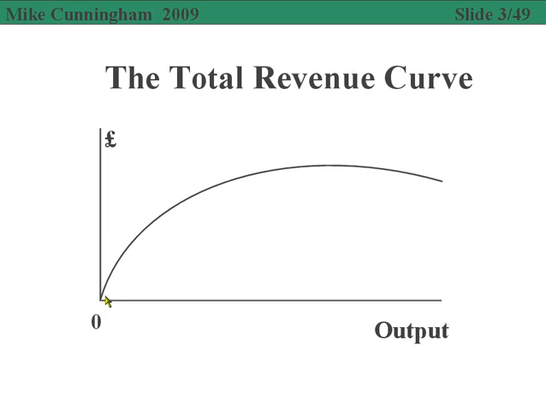As output increases, we have to cut price at some stage to stimulate further output, further demand. And as we cut the price, the line becomes curved. So that will be our total revenue curve. Eventually, if we carried on cutting the price, the curve would start to come down. Revenue would start to fall in the company.